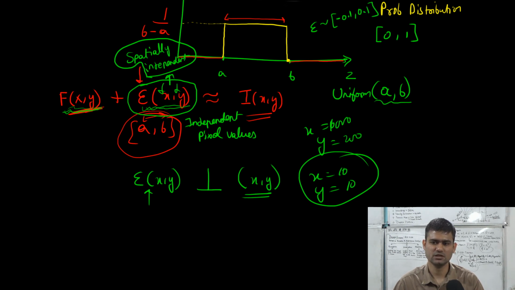That is, each of the image pixels is going to change its value by some small amount between negative 0.1 and 0.1.